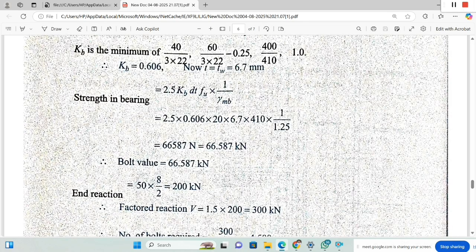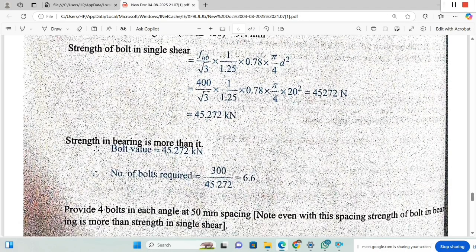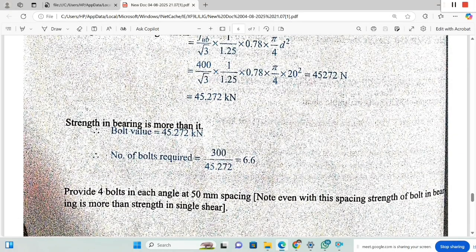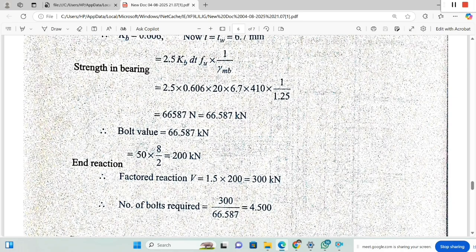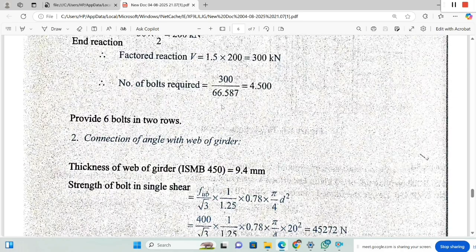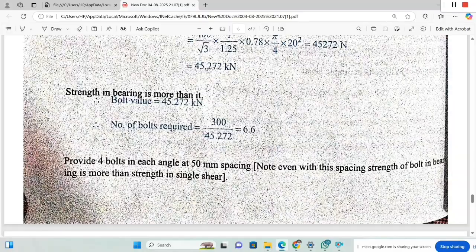And the bearing strength you have already considered here. If you use this formula, you will get the bearing value, 66.587. The same bearing value you will get for the bolt here. So bearing is higher, so single shear, 45.272, is considered.